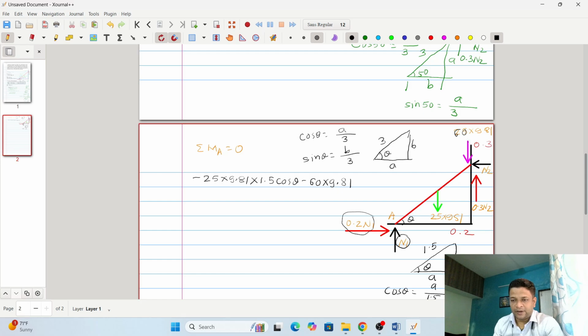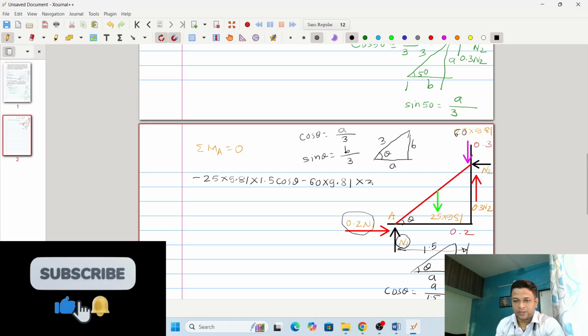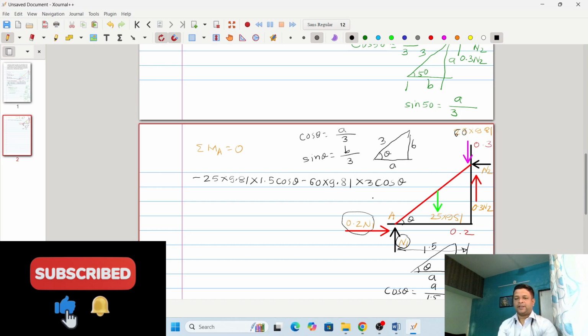So for this force acting here, this will be the perpendicular distance for the weight force, right? So this is equal to side A, and side A is equal to 3 into cos theta. So we'll use that, 3 into cos theta. The next force is 0.3 N2.